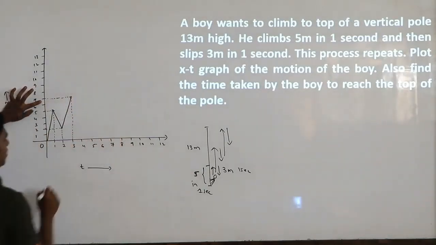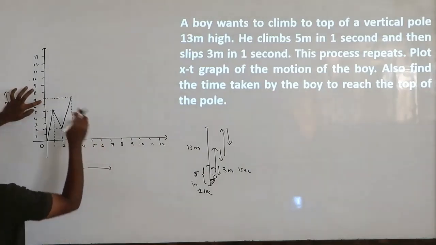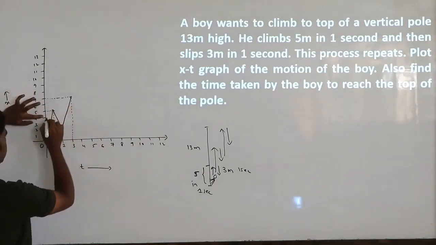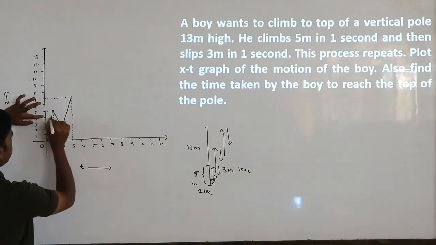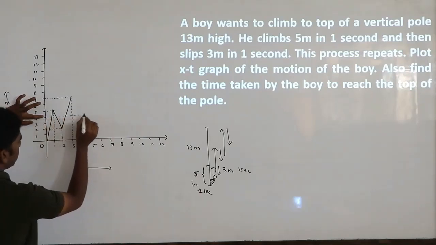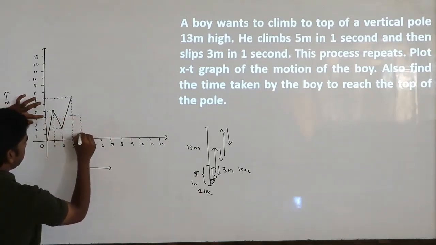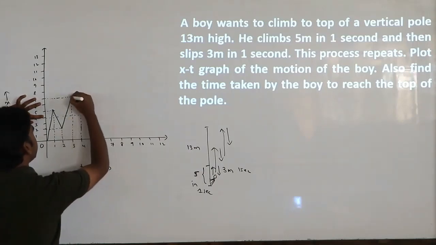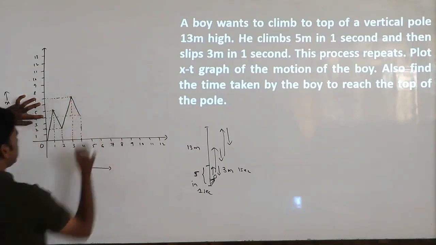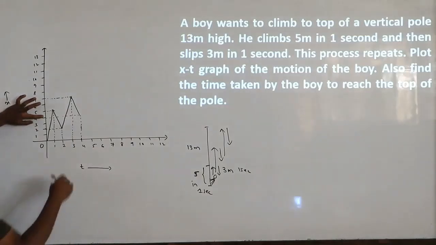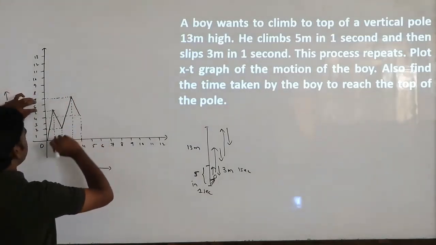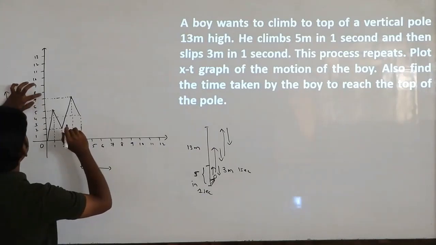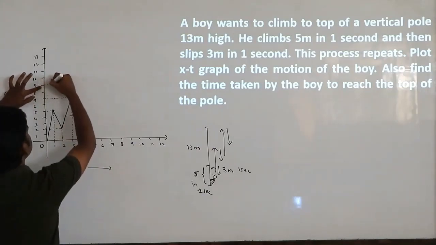Next, again for 1 second you will come down for 3 meters. 1, 2, 3. So this is the next point. Next 1 second you will go forward for 5 from here. 1, 2, 3, 4, 5. Means you will come to 9.